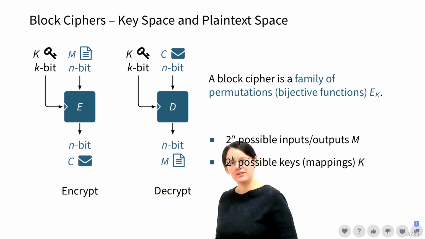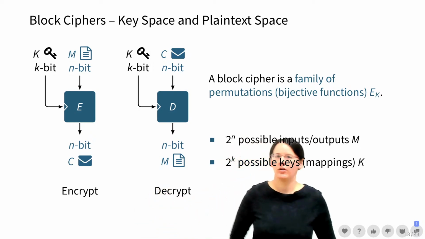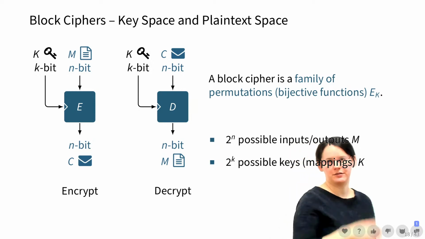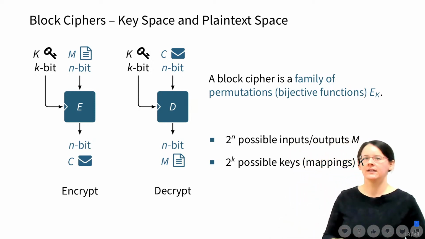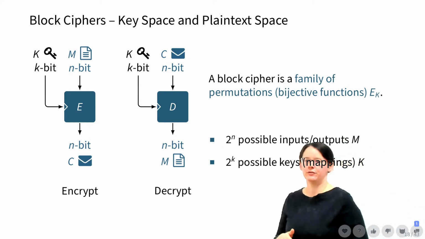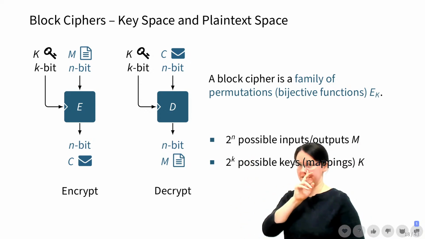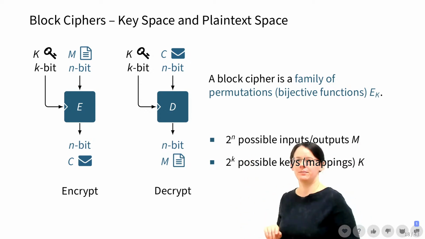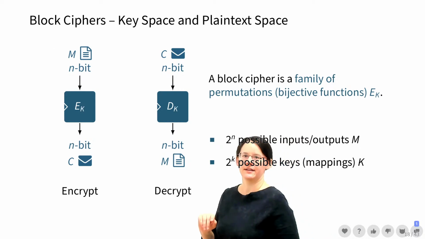And the set of all functions defined by all of the keys is called the family, the block cipher family, or the family of permutations. And because we very often focus on this view that we have just one fixed key and we're just looking at this one bijective function, we also often draw the picture like in the following, like this.